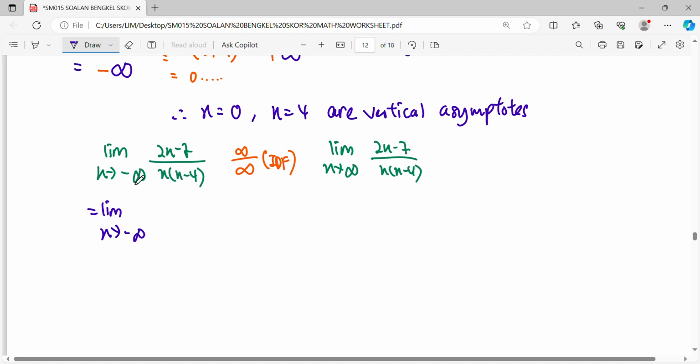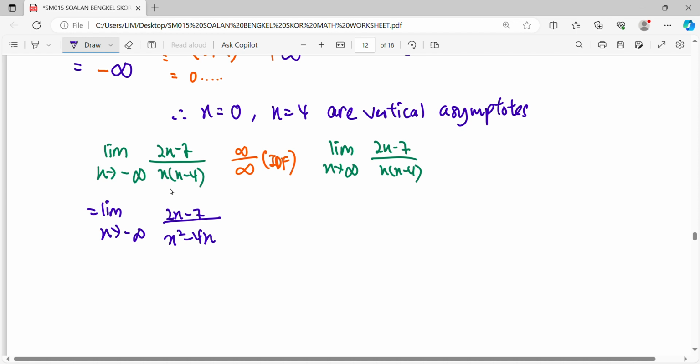When you have limit at infinity, we divide by the highest power of x, not just x. Make sure you expand this. If you just divide by x, wrong. Because your function, after you expand, the highest power is supposedly x squared.